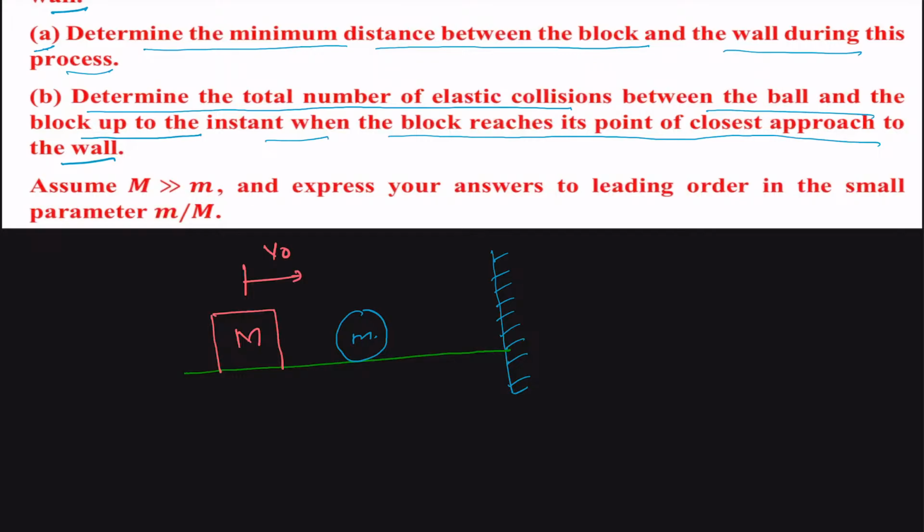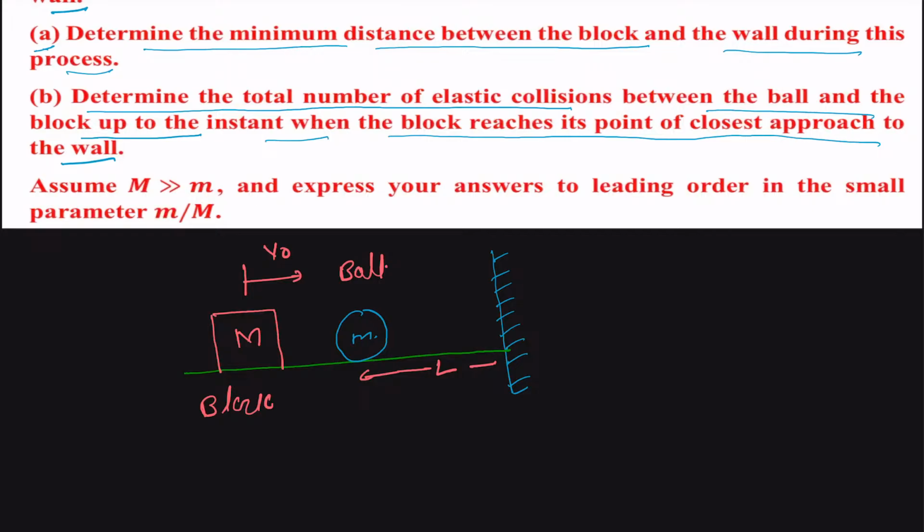Okay. And the ball is at a distance of L from the wall initially, and at this position this ball is at rest. Okay. So this is our block and this is our ball, and the ball is initially at rest.